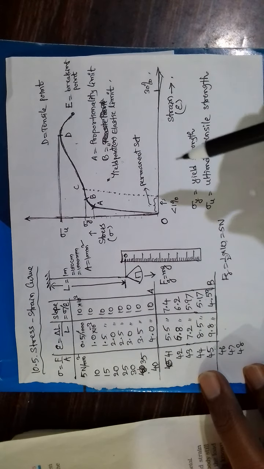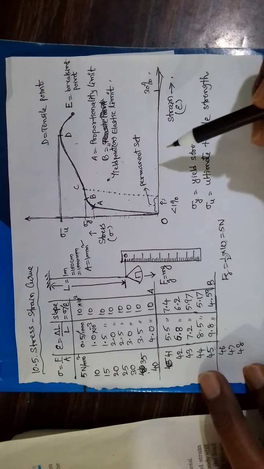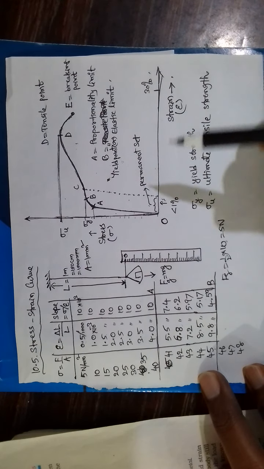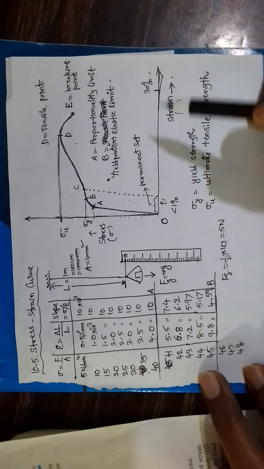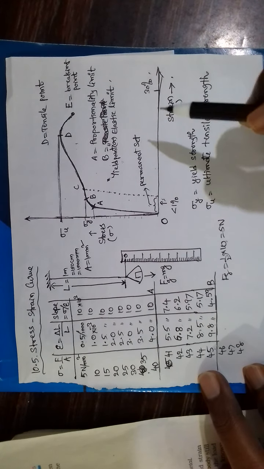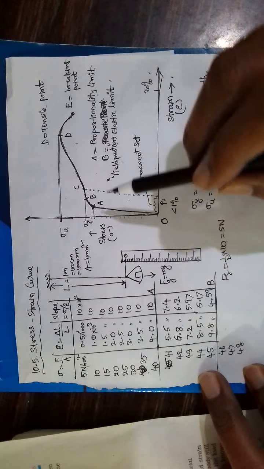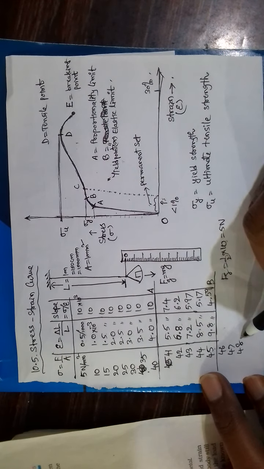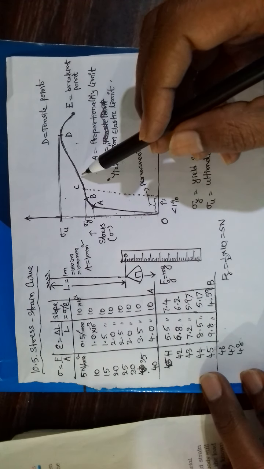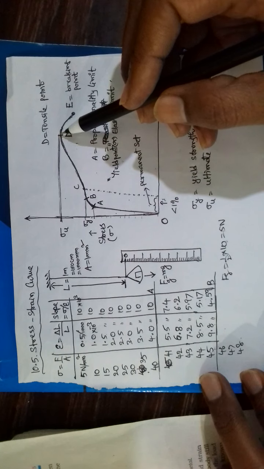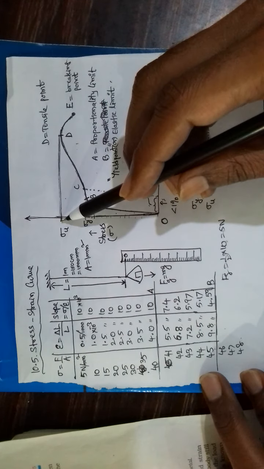So when the wire undergoes large strain, its cross-sectional area starts decreasing. The wire starts thinning out. So now, you are increasing the load and strain is increasing at a faster rate, and you reach a maximum stress.